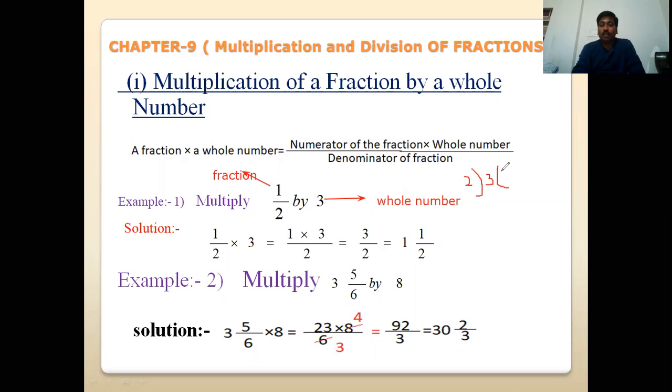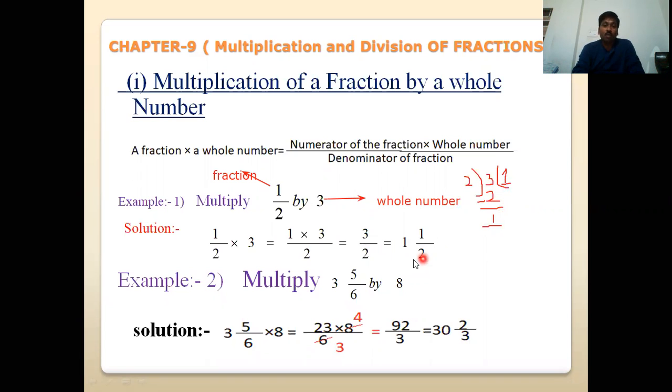We have already discussed this, but in this video we will explain once again. 2 ones are 2, and when we subtract we get 1 as the remainder. Now this quotient is the whole part of the mixed fraction, and the remainder is the numerator of this mixed fraction, and 2 is the divisor. Okay children, so in this way we can change an improper fraction into a mixed fraction.